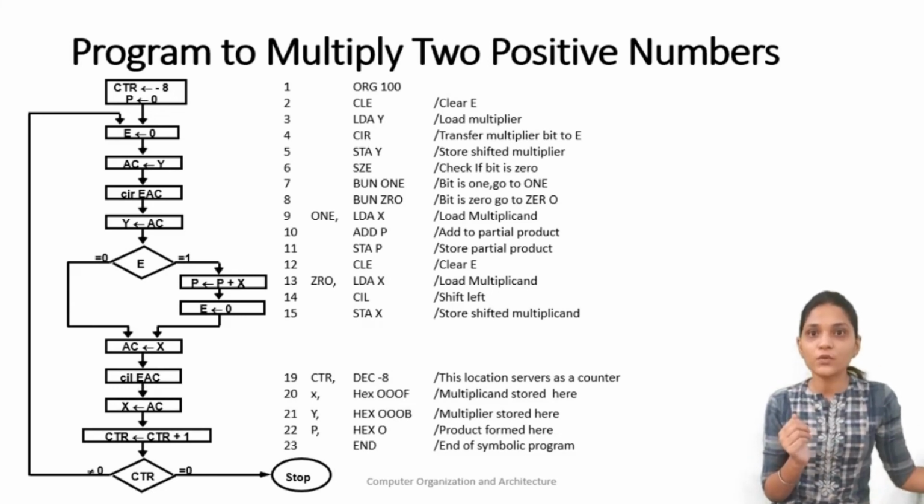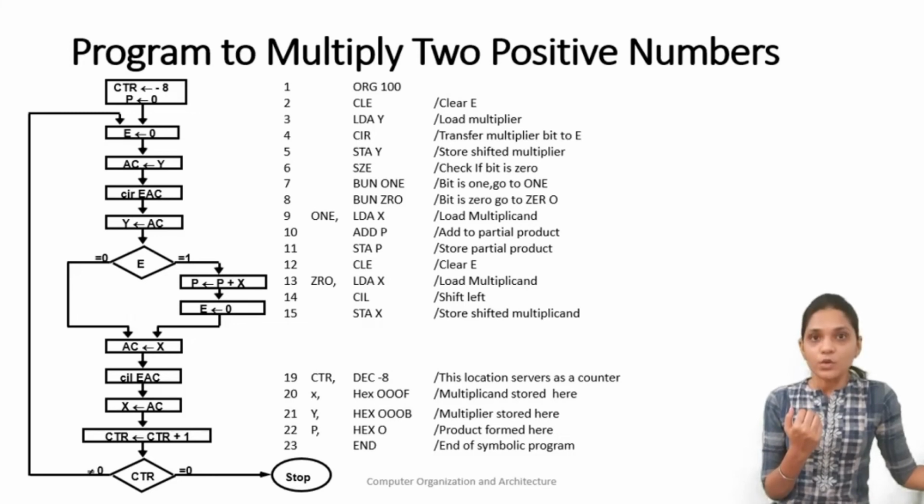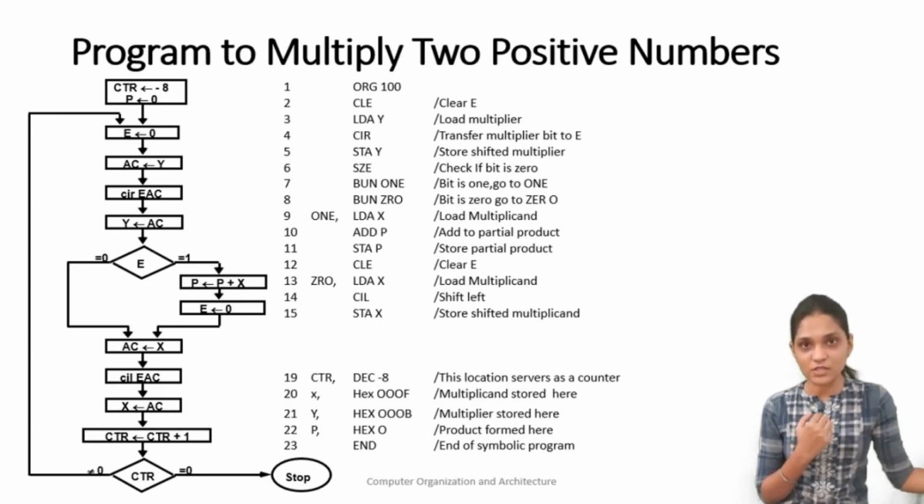For that we have to use the CIL instruction and then store that shifted version into the X location. So here we use the LDA X instruction for loading, the CIL instruction for circular left shifting, and the STA X instruction for storing that content to the X location.